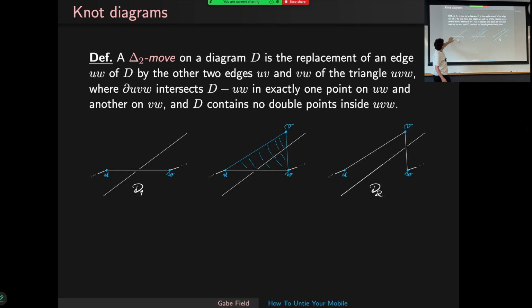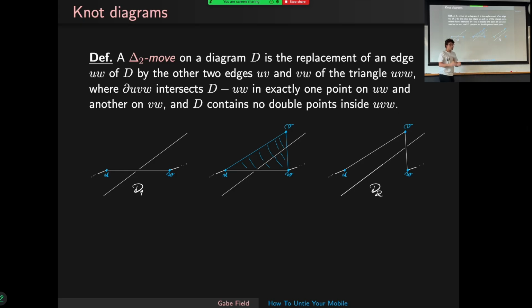We call it a delta 2 move, replacing UW with UV and VW. The effect of this, and something I want to impress at the moment, is that if you imagine taking this and dragging this up until it becomes these two, then along that whole process, this crossing will get moved over to here. So you should see this as just pulling a strand and the crossing moving along.